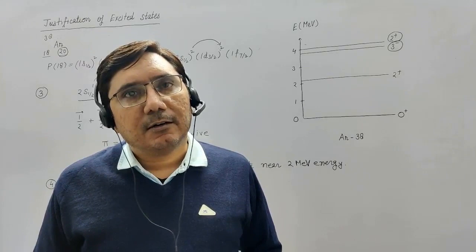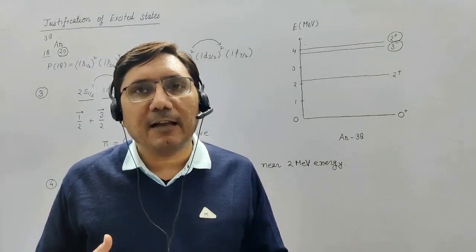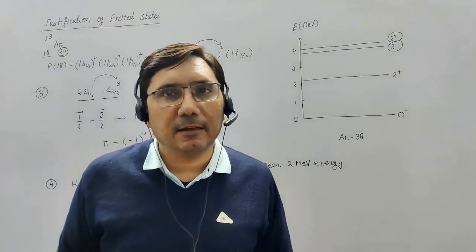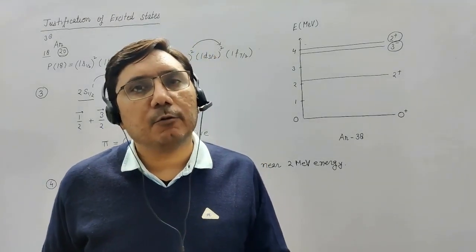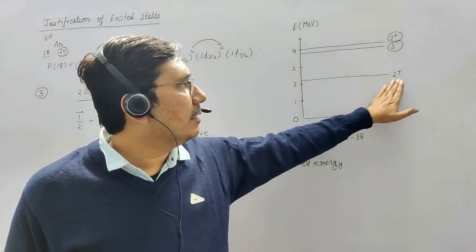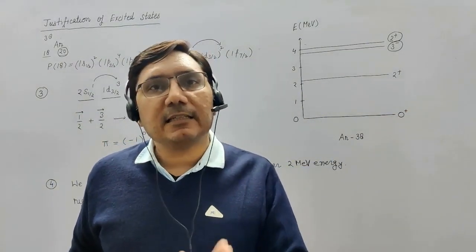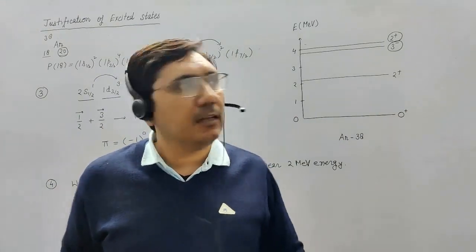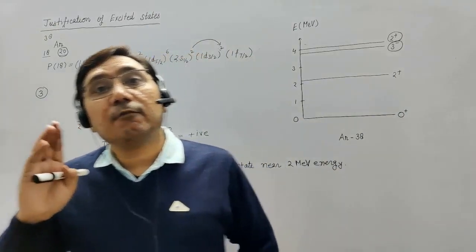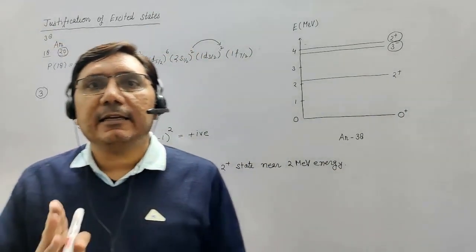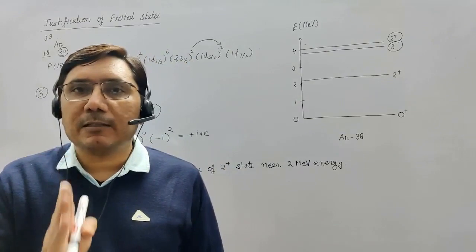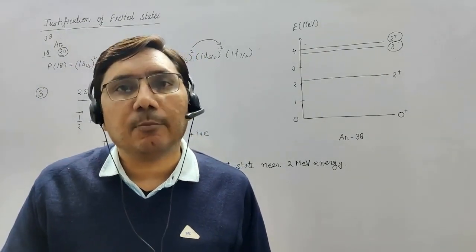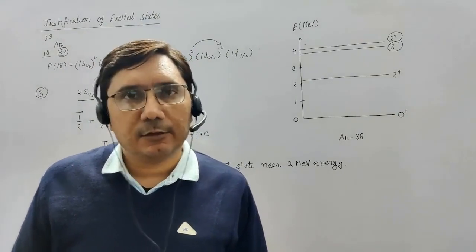However, later on we will modify this model, upgrade this shell model, and discuss vibrational energy levels. On the basis of the vibrational motion of the nuclei, one can explain this 2 plus state which exists in even nuclei. In every even nucleus, this 2 plus state is the first excited state, and it can only be explained later with the help of the vibrational model of the nuclei.